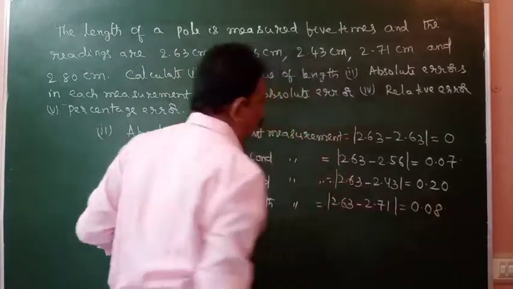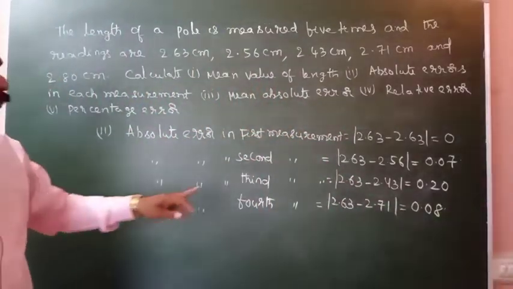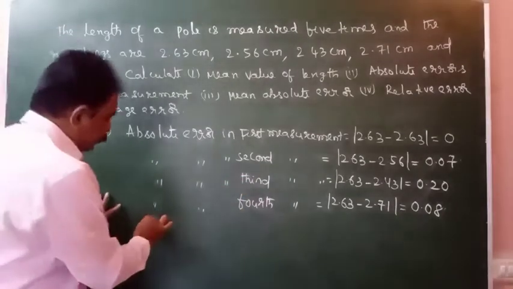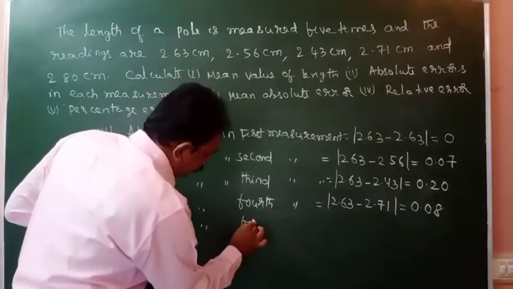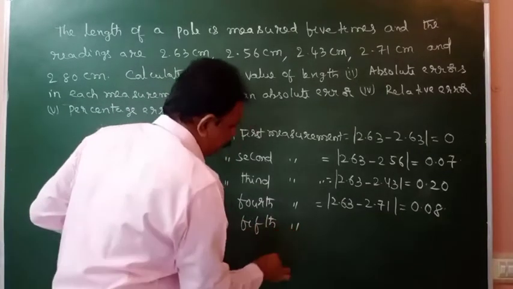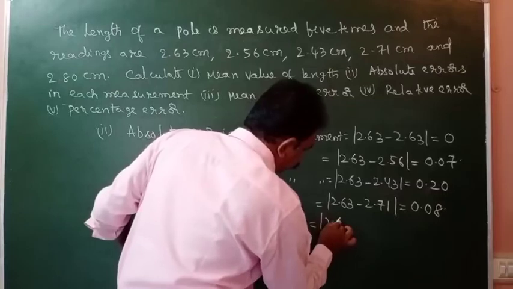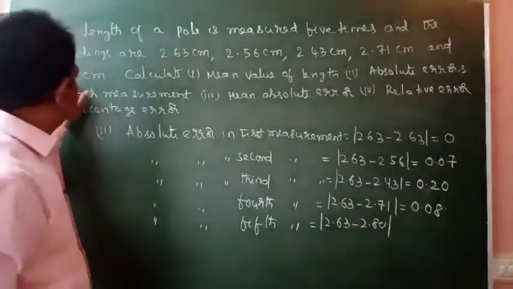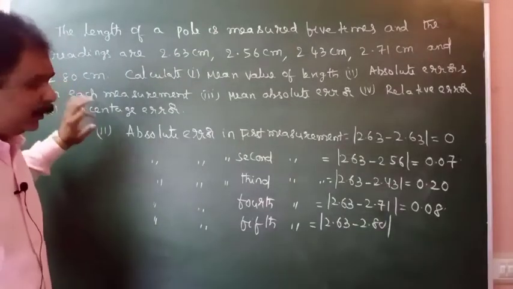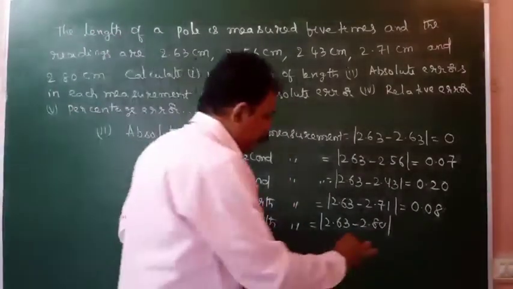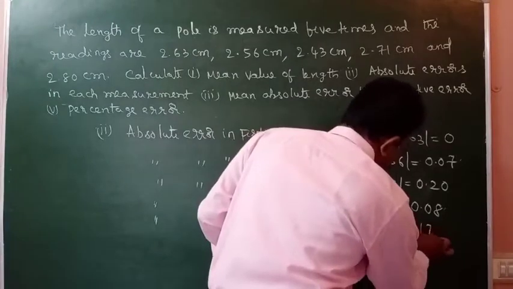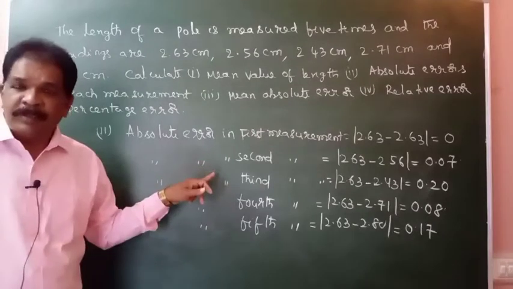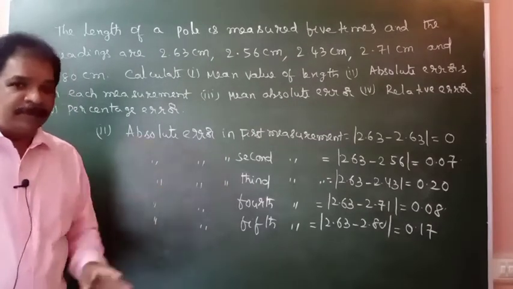This is 0.08. Next, absolute error in the fifth measurement is equal to 2.63 and the fifth measurement is 2.80. So this value is 0.17. Like this we will calculate absolute errors in each measurement.